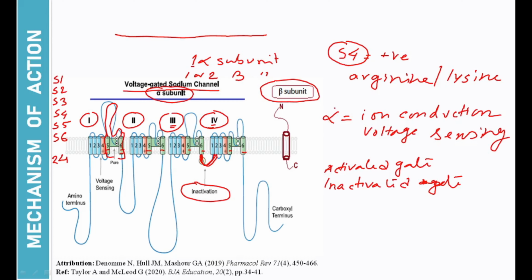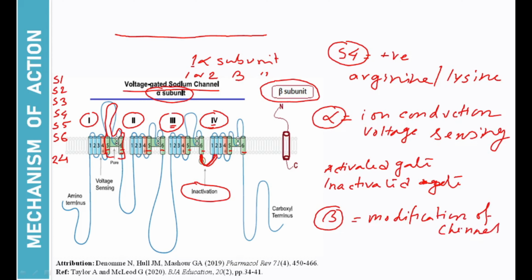Now if we are talking about the beta subunit, it also plays a major role. What are the major roles? They are responsible for the modification of channel, channel expression, and localization.